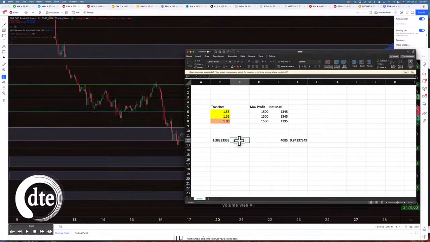My real cost would be equal to this times the number of things that I have here. Currently, that's 3. And then this would equal this divided by this.